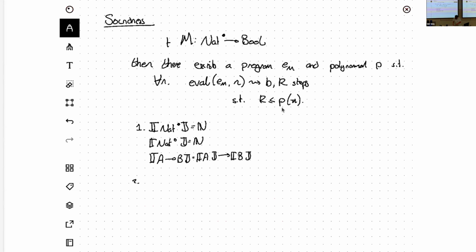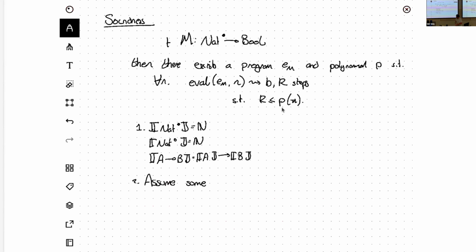So in summary, we assume some formalism of abstract computation.